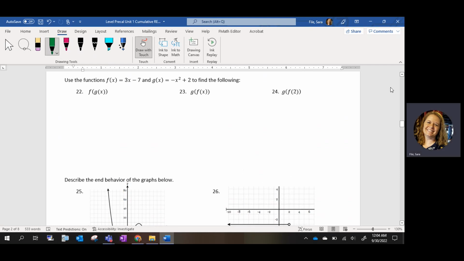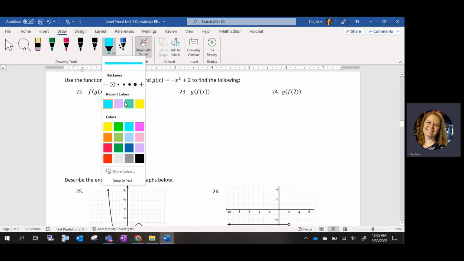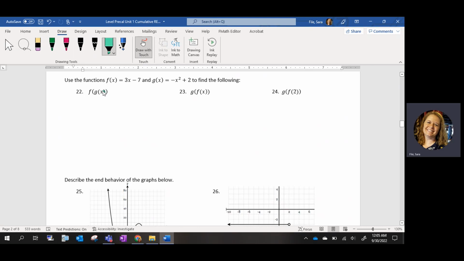All right, composition functions. So this is where you're inputting one function into another. Here we have f of x and g of x both defined for us. So 20 wants us to find f of g of x. So they want us to take the g of x function and put it inside the f function.